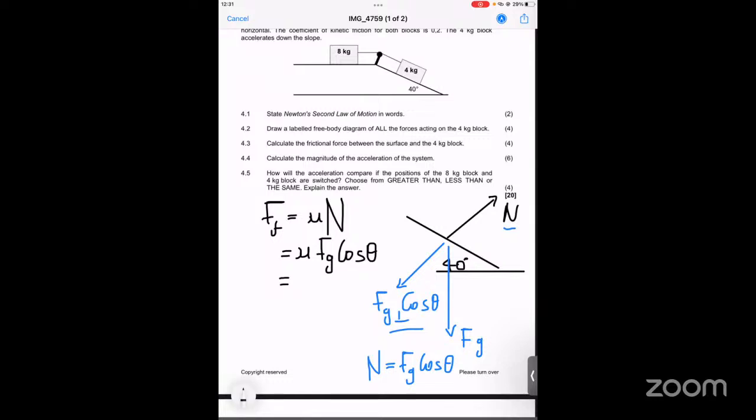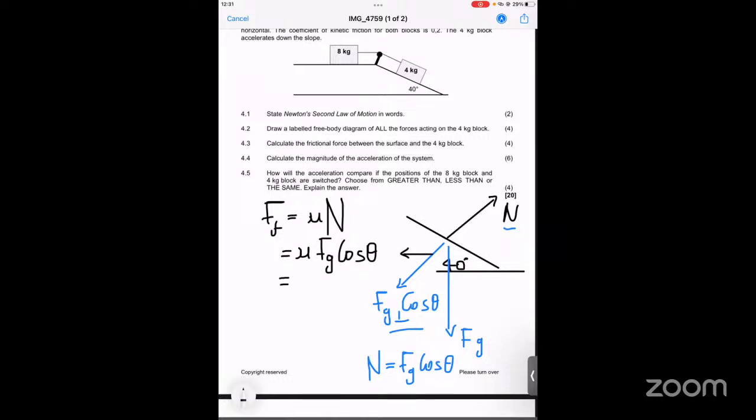Got it, sir. Okay. What did you do? I calculated the Fg perpendicular, which was 30,03. Did you not continue with that formula? I did, sir. Okay, let's substitute on that one.